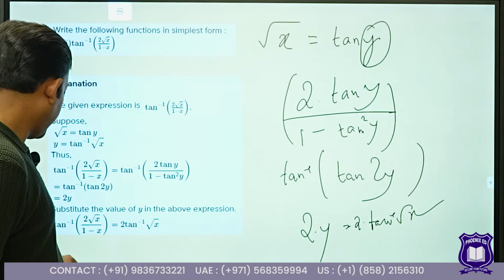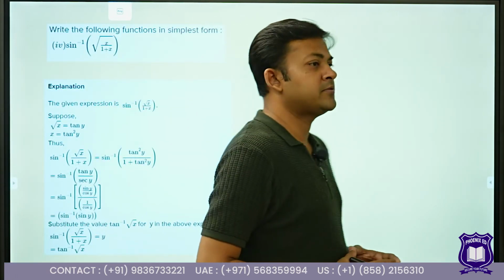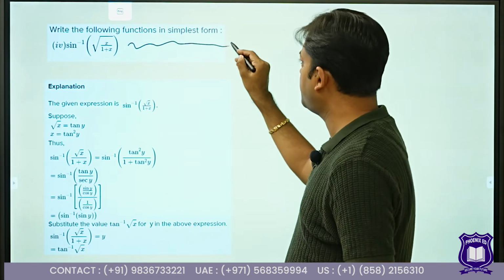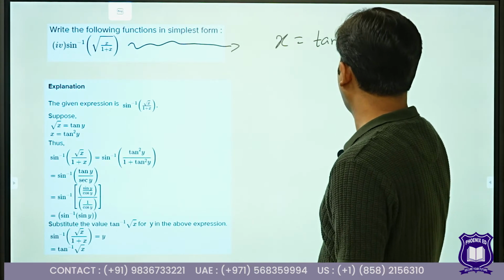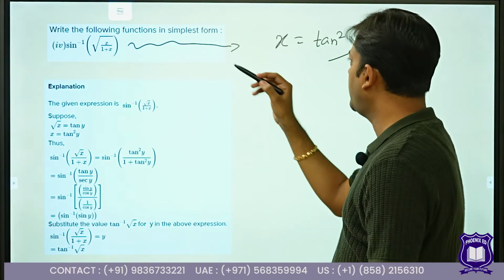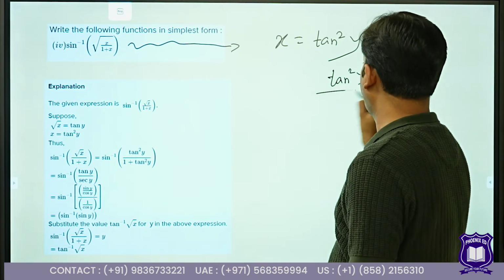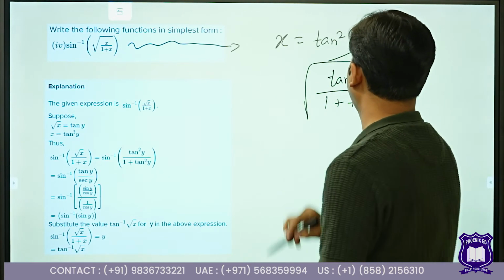Let's take up the next problem. Again, during our substitution session, we had discussed that the substitution for this particular problem would be x equal to tan square theta, or tan square y. On doing so, the expression becomes tan square y over 1 plus tan square y, and we need to take the root.